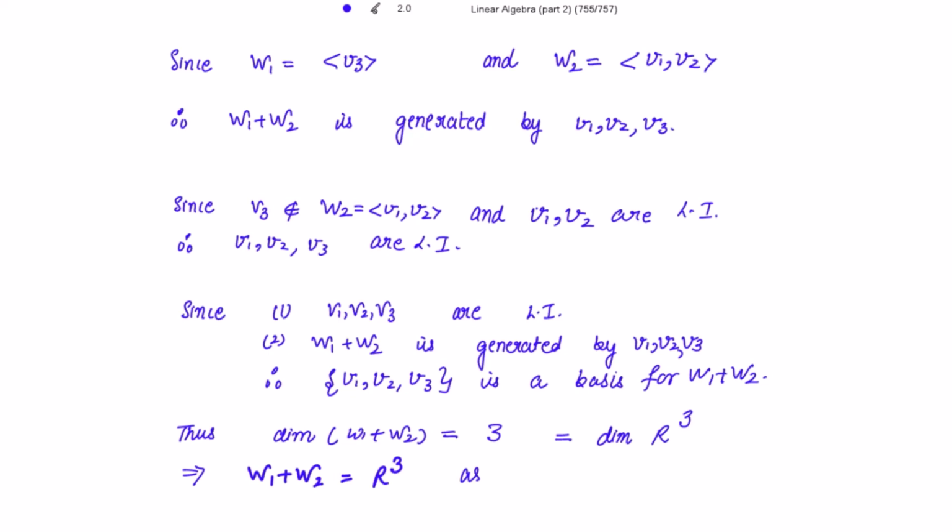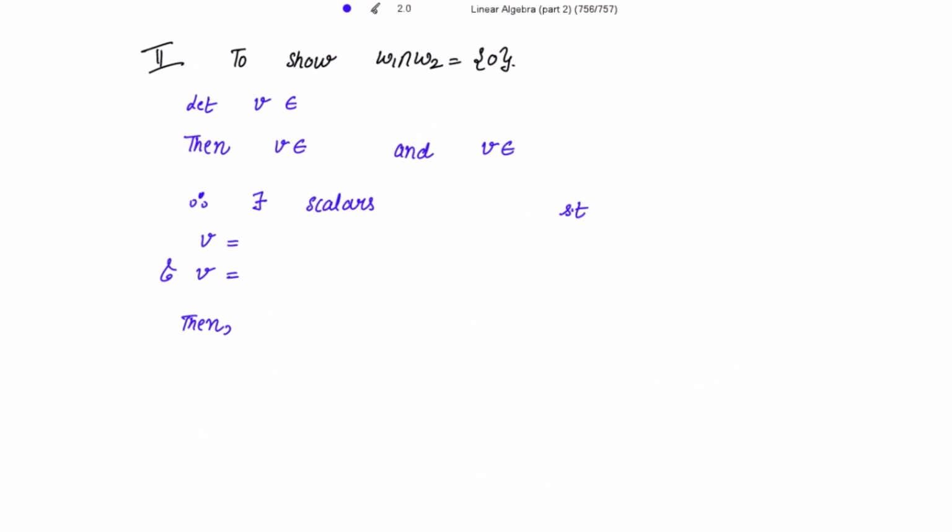Therefore W1 plus W2 is equal to R3, as W1 plus W2 is a subset of R3 and their dimensions are equal, that is, the same number of elements present in the bases. So this is equal. So the first thing is done.